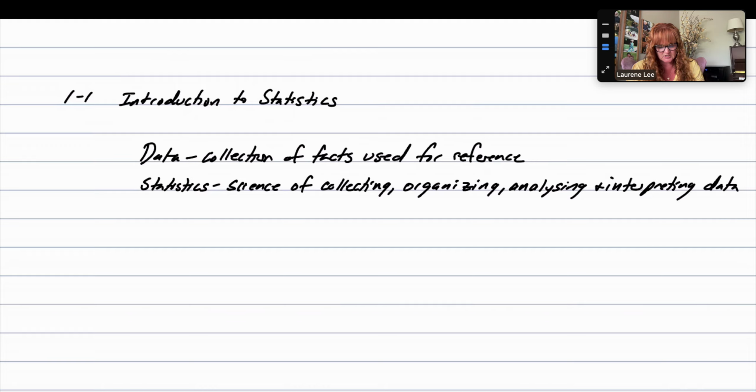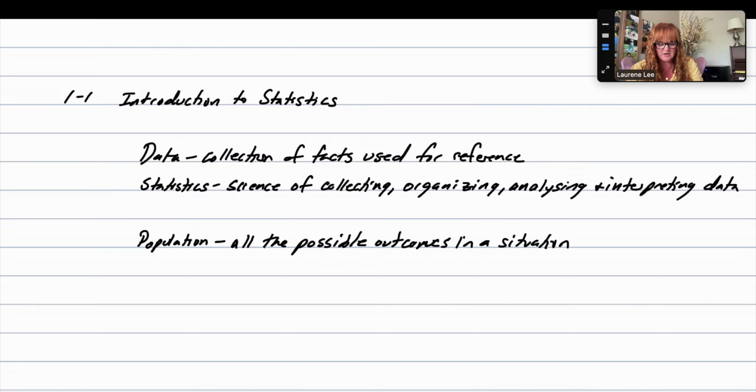So let's talk first about what a population is. A population represents all the possible outcomes in a situation.